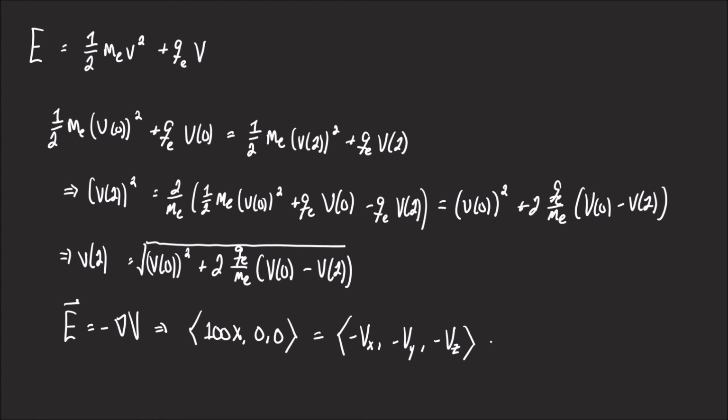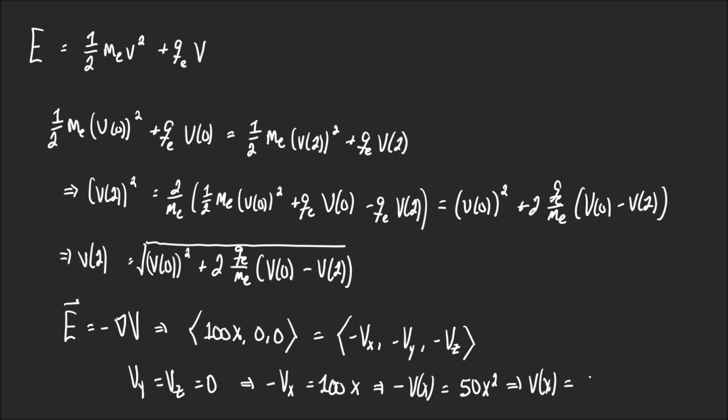Now, V sub y and V sub z are equal to each other, and they're both 0. This means that negative V sub x equals 100x, which means that negative V of x is 50x squared, which of course means that V of x is negative 50x squared.